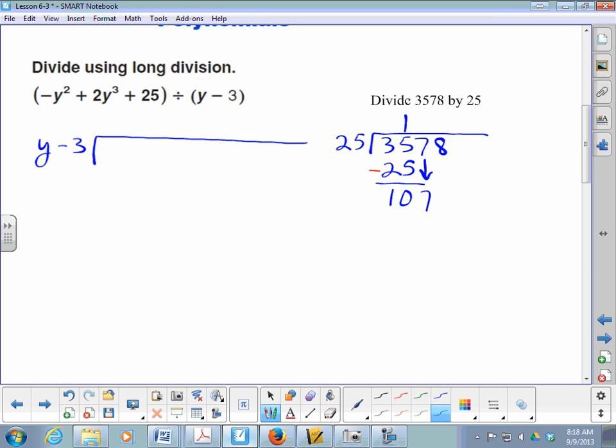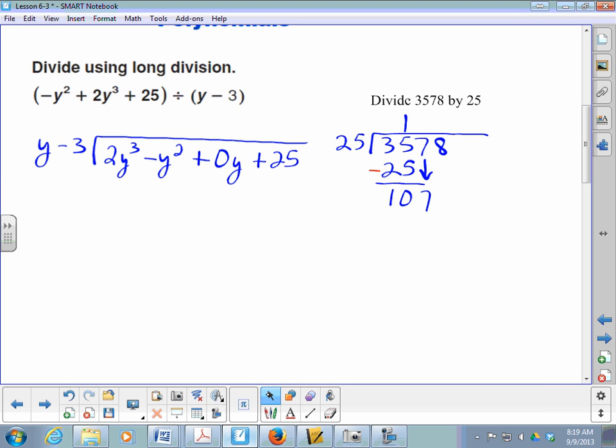And then underneath, we're going to put this in standard form. But not only that, if a term is missing, because it's missing the y, right? It goes y cubed, y squared, but then there's no y to the first power. So if it's missing a term, then you have to put a 0 in with that, because we need that place value, basically.